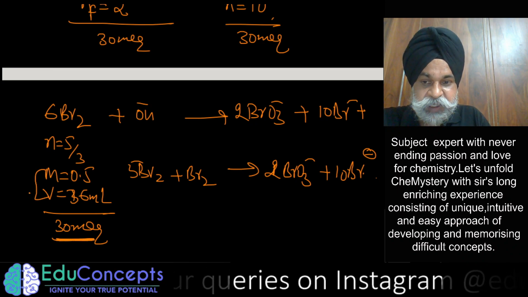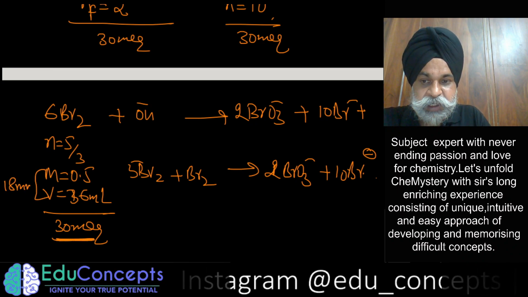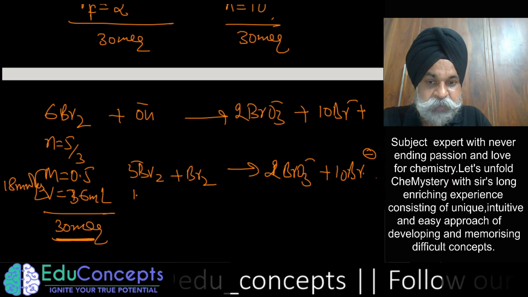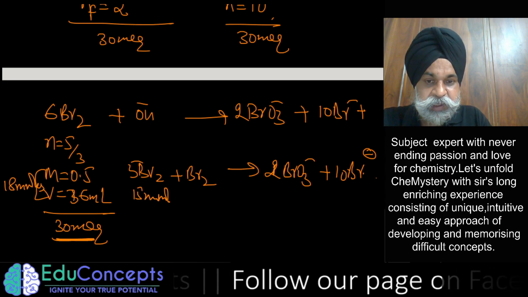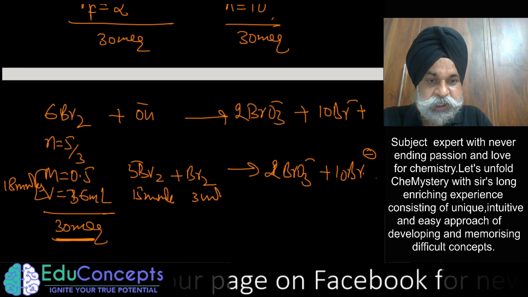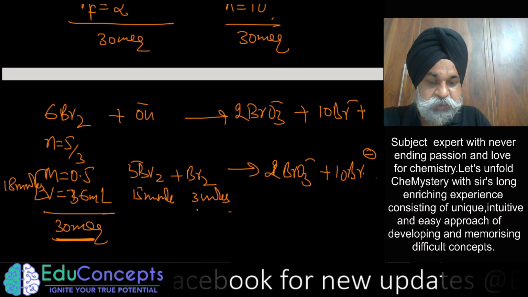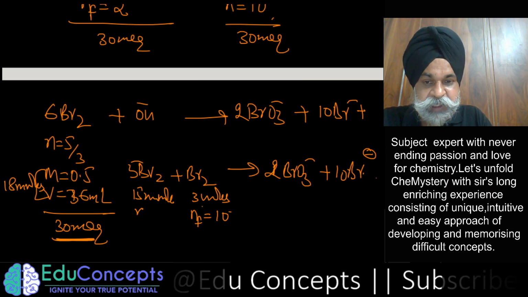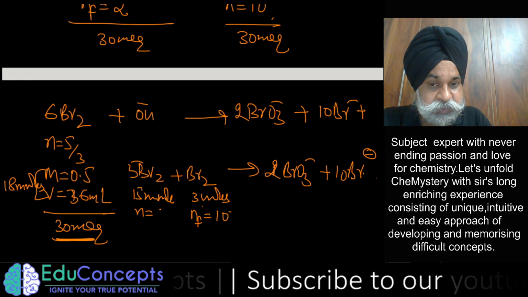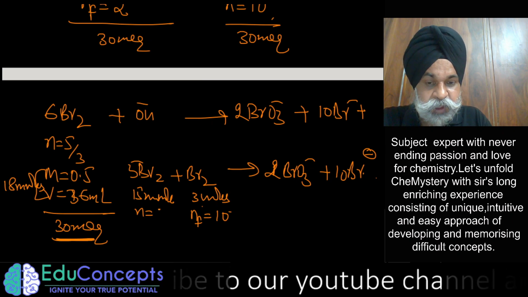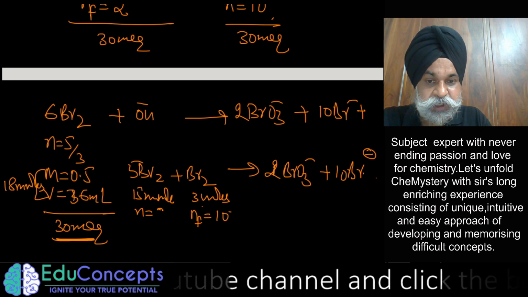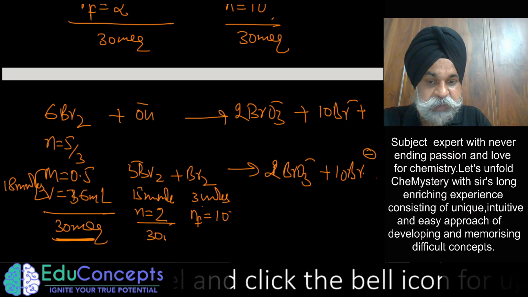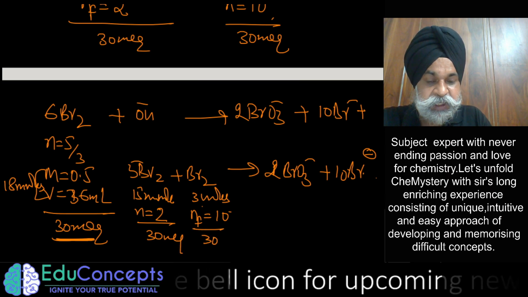So actually there were 18 millimoles. 18 मिलीमोल में से 15 मिलीमोल इसके थे और 3 मिलीमोल्स इसके थे, और इस 3 मिलीमोल्स का भी n factor कितना था, 10. इसका भी n factor कितना था, it was having an n factor of 2. So it is having 30 milliequivalents.